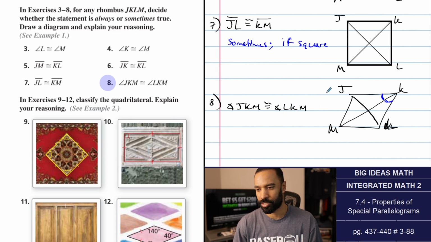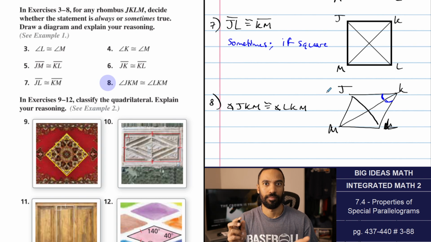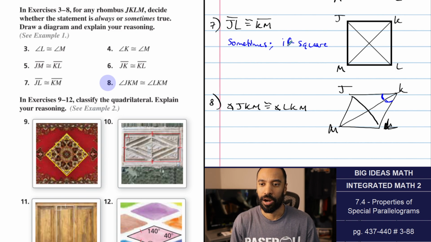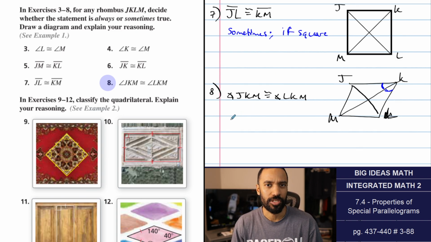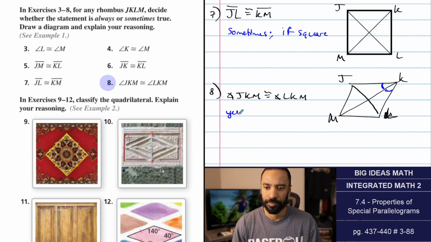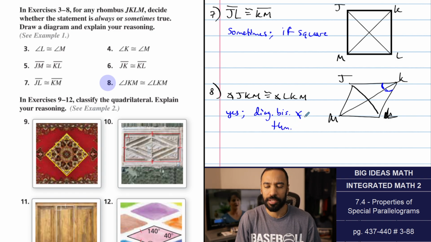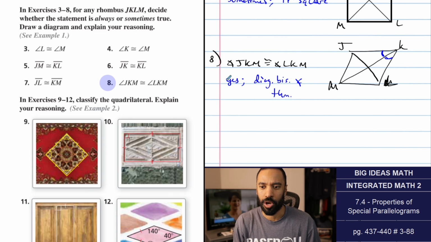Yeah, rhombuses have diagonals bisecting the angles. So I don't know what the name was. Rhombus diagonal bisecting angle theorem. So yes, diagonals bisect angle theorem for rhombus, basically is what I'm saying. Always true for always. Oh, always, excuse me, not yes. Always.